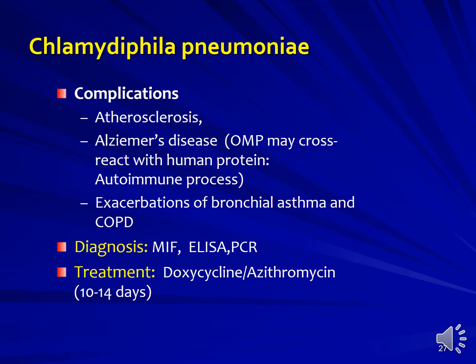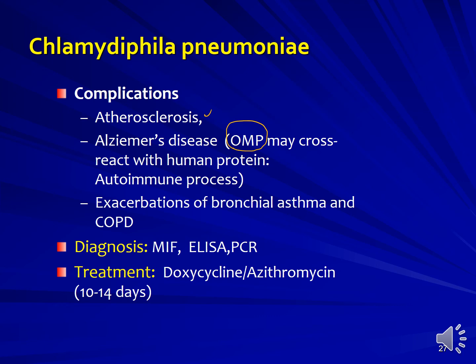Chlamydophila pneumoniae is also complicated by atherosclerosis and Alzheimer's disease, due to cross reactivity with the outer membrane protein of this bacterium. This outer membrane protein can cross react with human brain cells and result in an autoimmune process, so Alzheimer's disease is a complication.